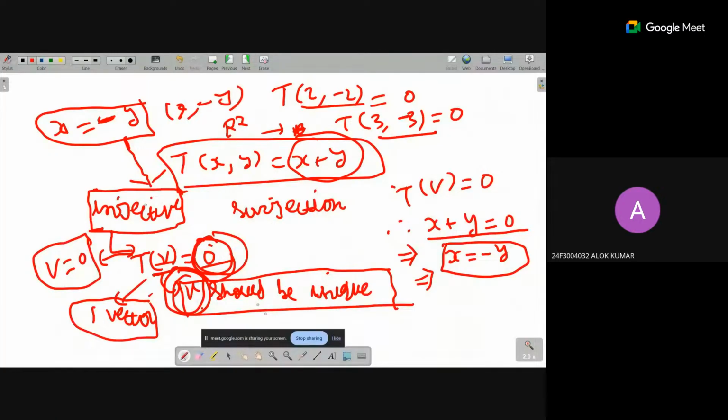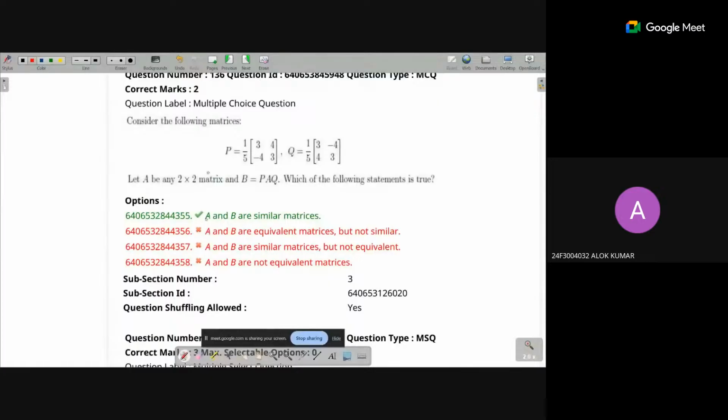So this is not injective. This is the condition you have to check for injectivity. Any doubt in checking injectivity for a linear transformation?